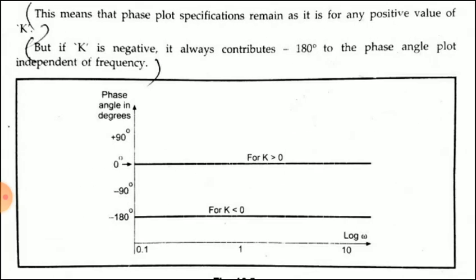Then for the phase angle plot, for k greater than 0, the phase angle will be 0 degrees. And for k less than 0, that is negative, the phase angle will be minus 180 degrees.